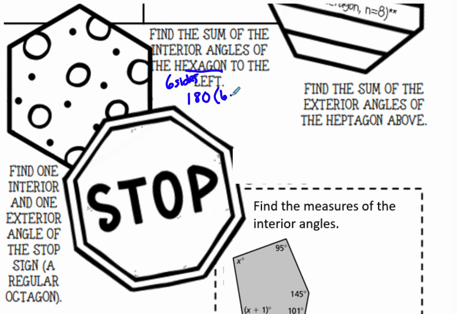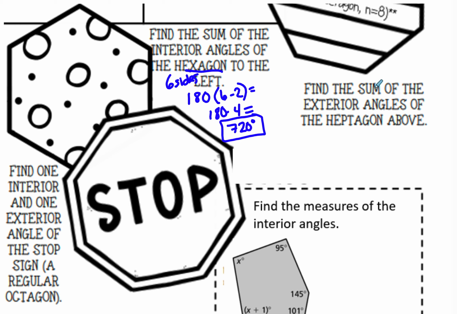So 6 minus 2, and then times 180. 6 minus 2 is 4, times 180 is going to give me 720 degrees. So all of the angles of a hexagon, which is this shape right here, 1, 2, 3, 4, 5, 6, we can't see them all, but all of these angles added together are 720.